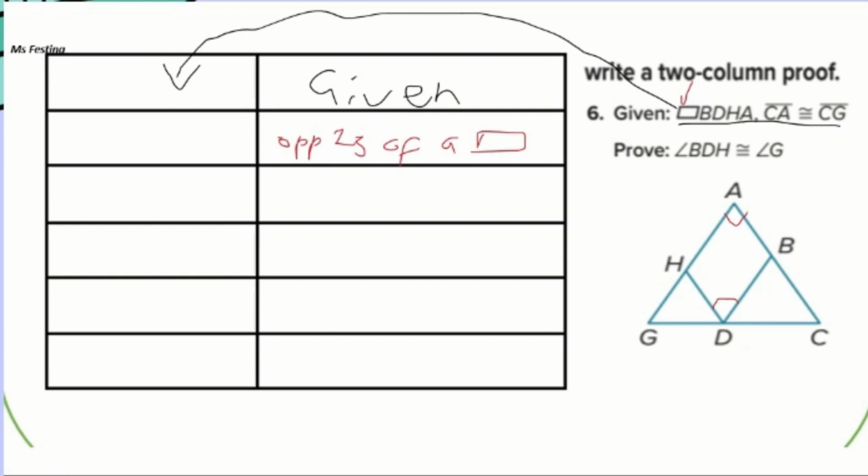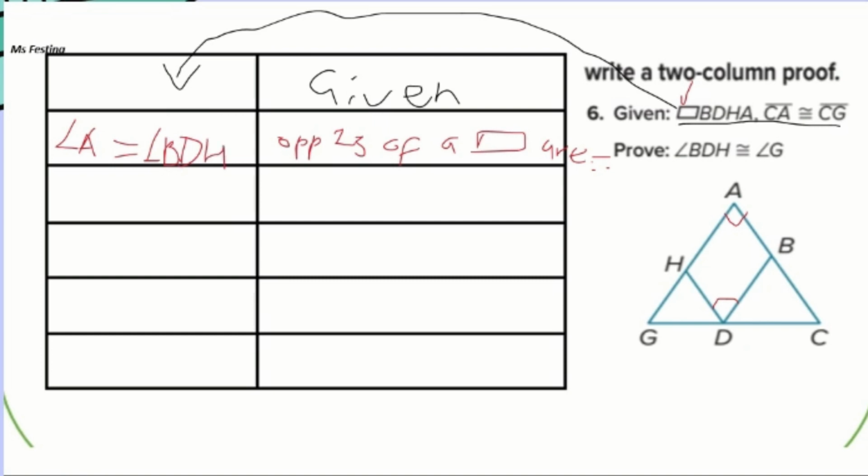So opposite angles of a rectangle, we know that they are equal. So that's your reason. You just write angle BDH is equal to angle A because opposite angles of a rectangle are equal. So let me write that reason for you so that you can see it. Angle BDH.